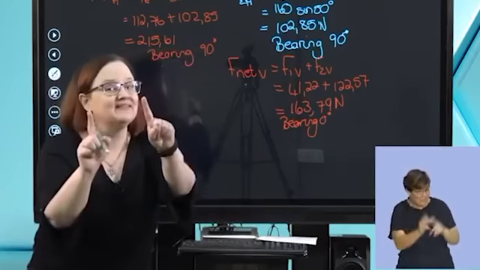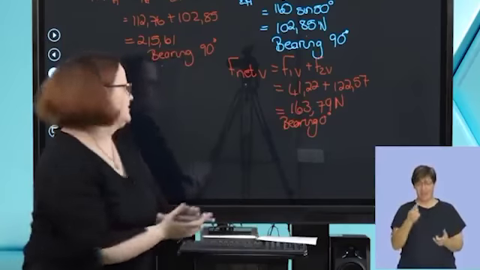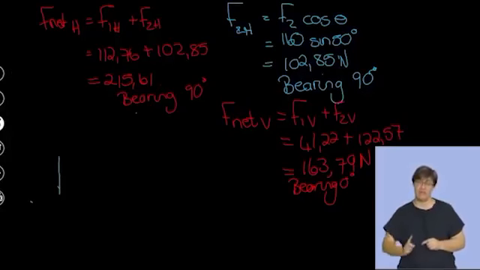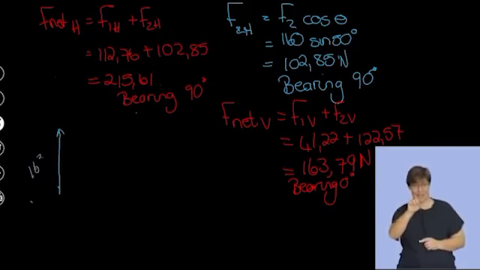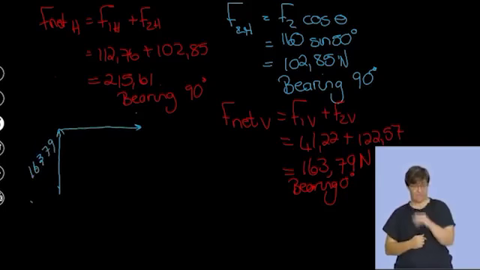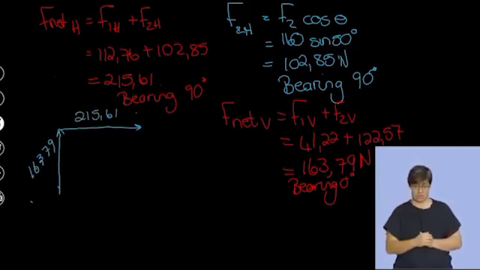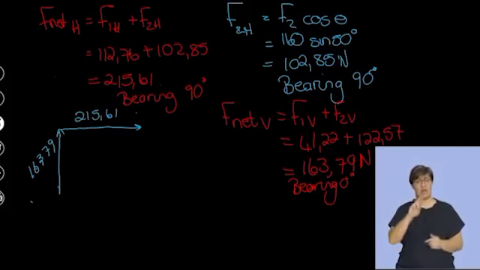But we're almost done, because now we're going to old-fashioned vectors. What have we actually worked out? Well, now we know that we have a vertical force that goes up of 163.79, and I have a horizontal one of 215.61, and I can find the resultant.